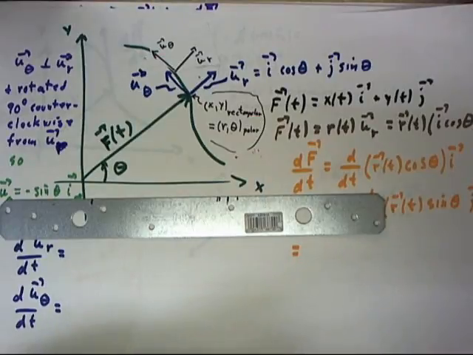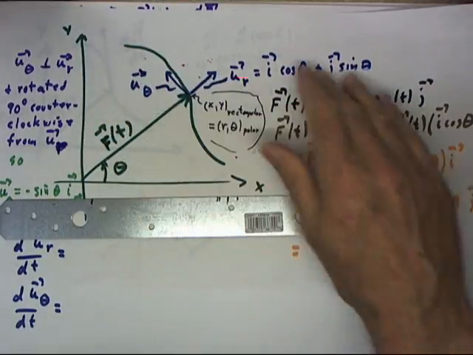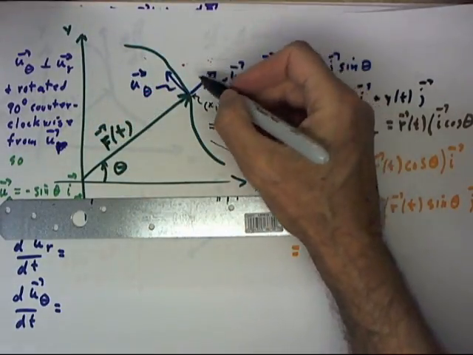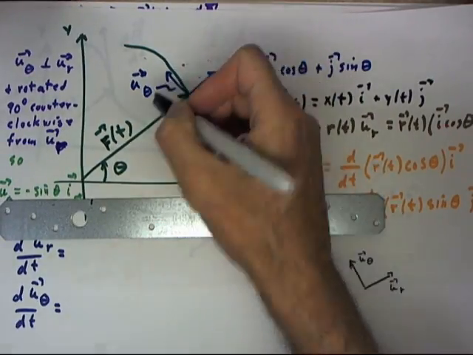And hopefully that'll be a useful image for you. So what I've depicted here is just a typical u_r and a typical u_theta.